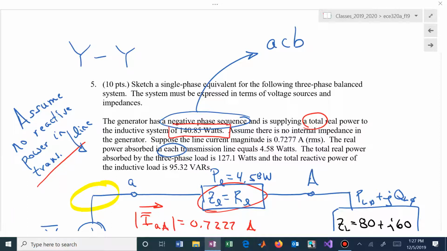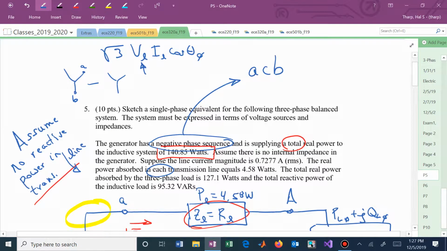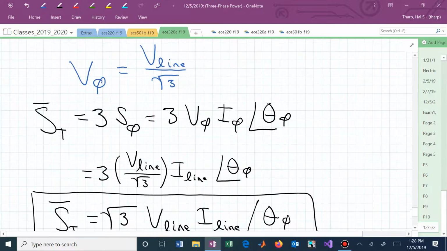So we know that in that formula we derived, the square root of 3 V line, I line, cosine theta phi, this is actually the voltage between A and B. And our single phase equivalent is really working on one of the phases. So we need little a, little n, and not little a, little b for the voltage. We have to know that. That was part of the reason I was trying to show these different interconnection structures.